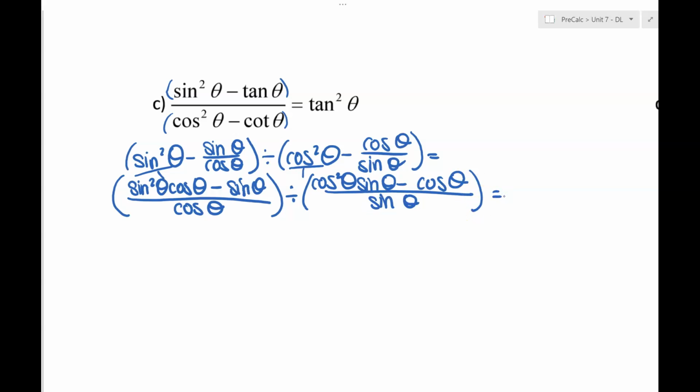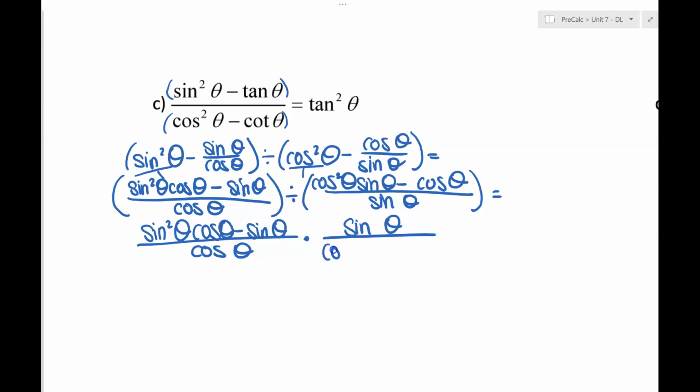Now I have one fraction being divided by another fraction, so I can keep change flip. So I can say that sine squared theta cosine theta minus sine theta all over cosine theta is being multiplied by sine theta all over cosine squared theta sine theta minus cosine theta.